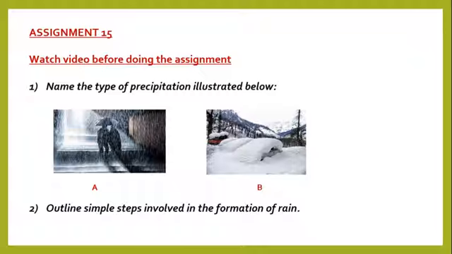And what is the instruction in this assignment? Look at the pictures carefully and then state or describe the type of precipitation, A and B. And number 2, outline simple steps involved in the formation of rain. I will encourage you to use your own words as much as possible, but do not forget to include the keywords.